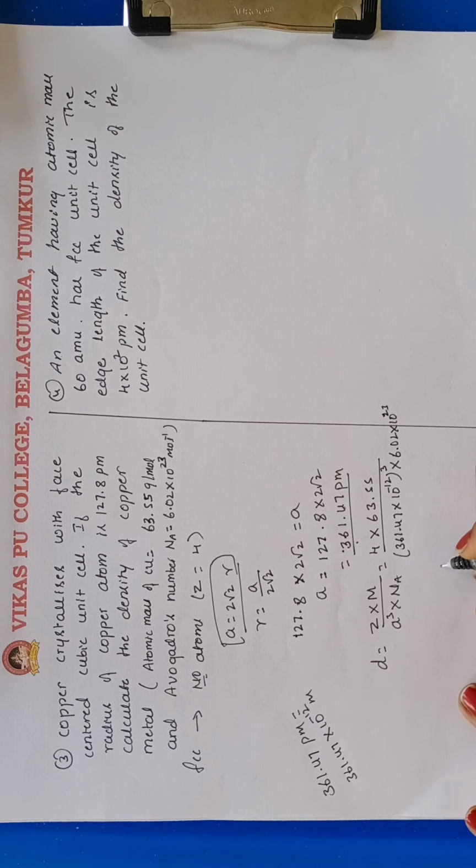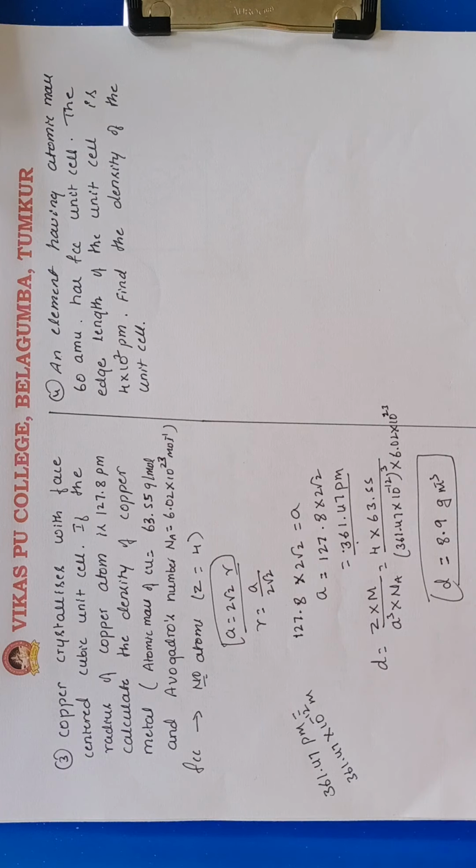On calculating this we get the value 8.9 gram per meter cube. This is the density of the unit cell, 8.9 gram per meter cube.